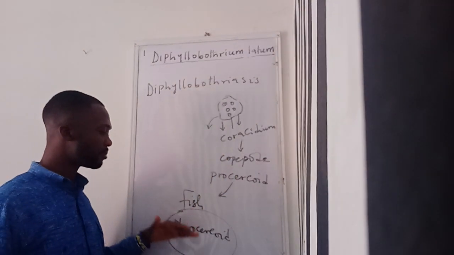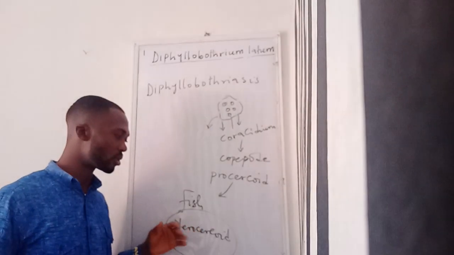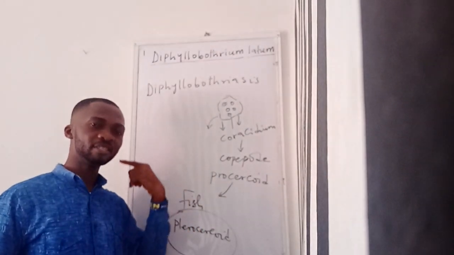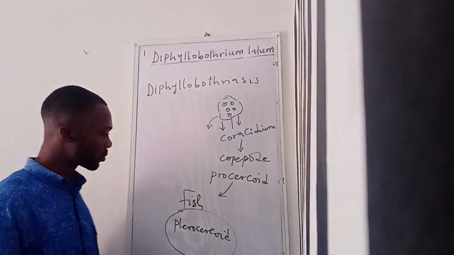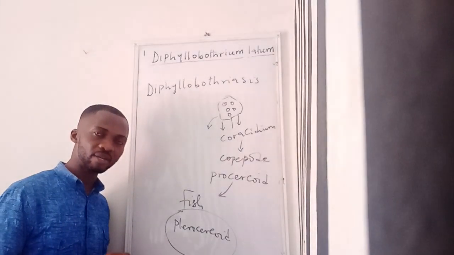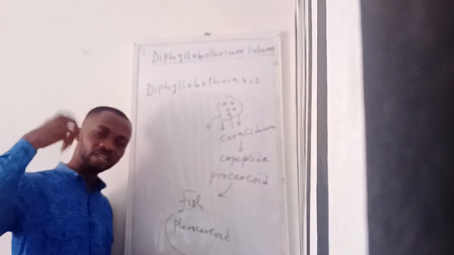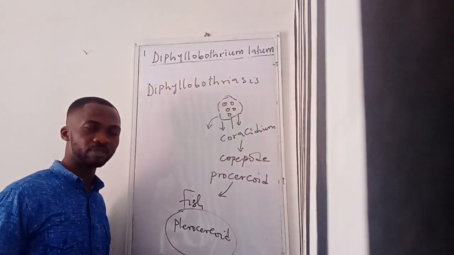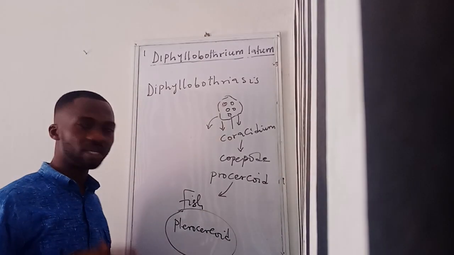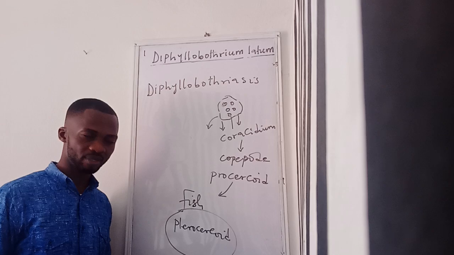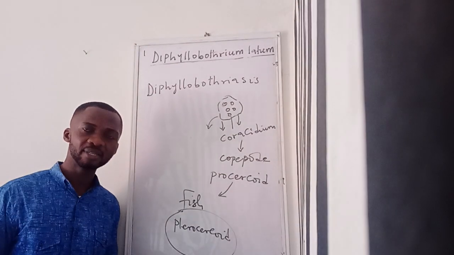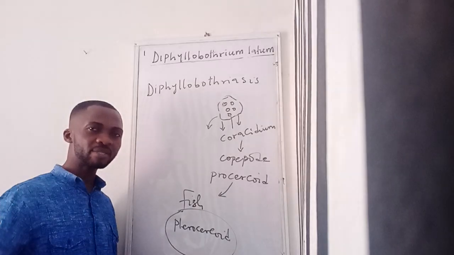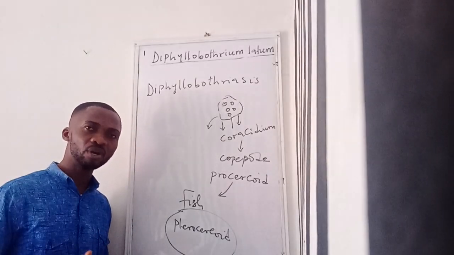So it remains a plerocercoid in this second intermediate host until a definitive host ingests or feeds on this fish. Once that happens, the plerocercoid larva attaches itself within the intestine of the definitive host, and there it stays to grow into maturity. By the time it grows into maturity, it begins to lay eggs. These eggs pass out to the external environment through the feces of the individual.